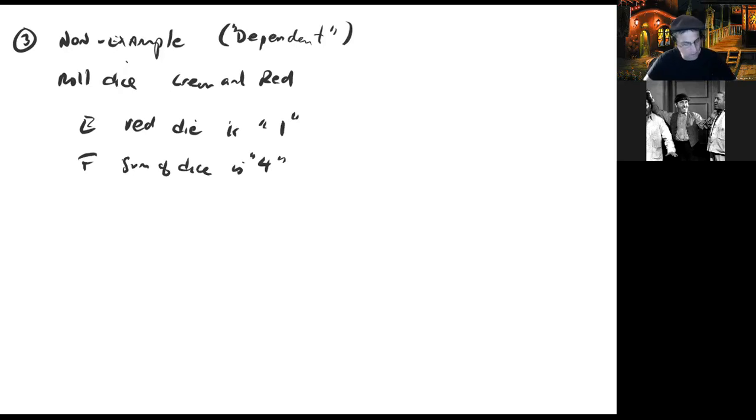Okay, so what's the probability of E? Well, a die has 6 sides. It's a fair die. That's what I'm assuming. So it's 1/6. What's the probability of F? Well, that's the probability of the following outcomes. How do you build 4? You can either have a 1 and a 3, the red die being 1, the green die being 3.